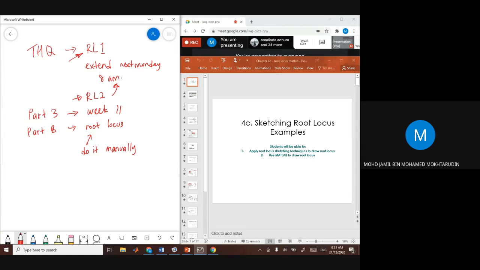So basically part 3, you do the root locus by using MATLAB, and for part B, I want you to try to sketch the root locus manually, and then you can compare with your answer from MATLAB. So this is part B and part 3. The due date is the same, week 11. Okay, so we can start our lecture.